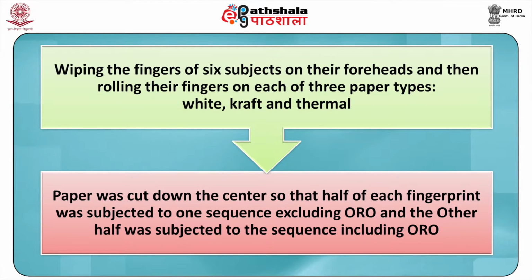The research involved wiping the fingers of six subjects on their forehead and then rolling their fingers on each of three paper types, that is, white, craft, and thermal. Each paper was cut down the center so that half of each fingerprint was subjected to one sequence excluding ORO and the other half was subjected to the sequence including ORO.